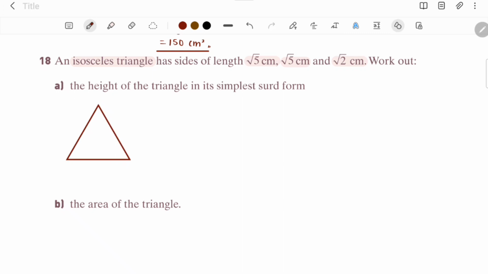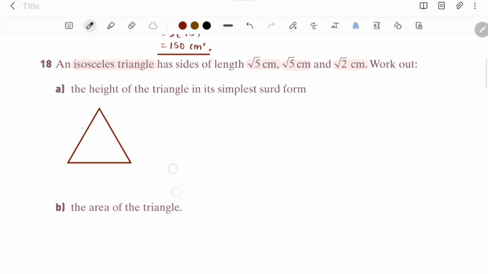Okay, let's say this is a triangle. This side and this side are the same, so surd 5, surd 5. Here, surd 2. Work out the height.